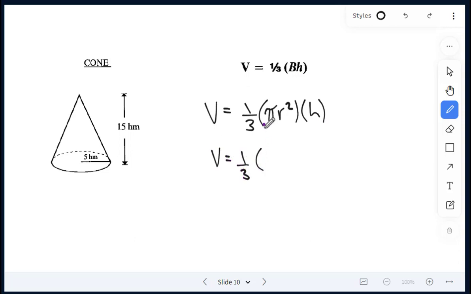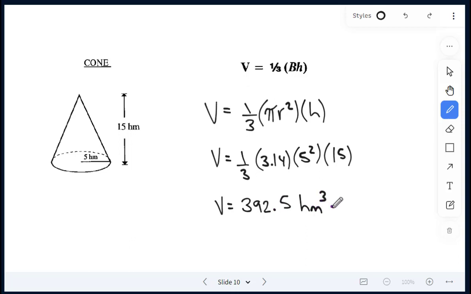All right, so we're just using 3.14 for pi. Radius is 5 squared, and then multiply the height is 15. Remember squared here, it's 5 times 5. Okay, so put that into your calculator, 392.5 hectometers cubed.